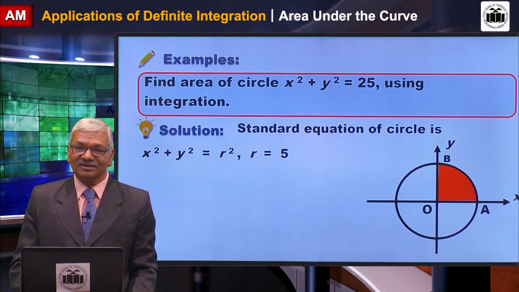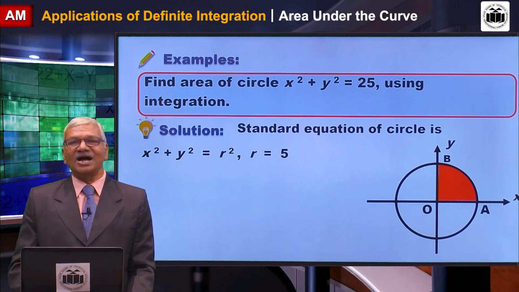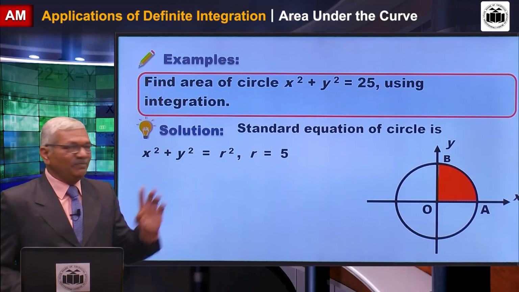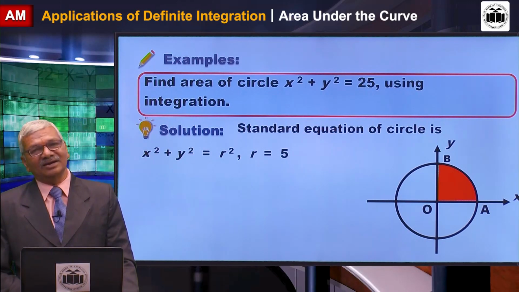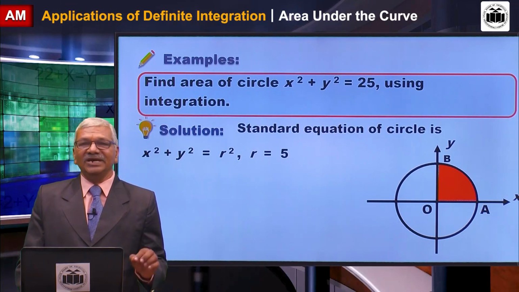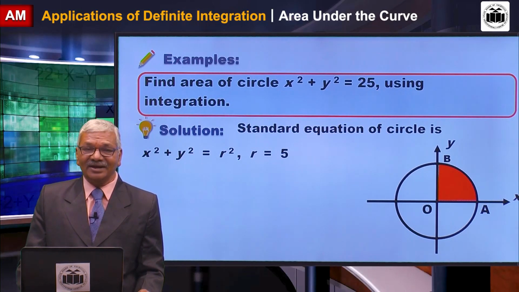Means we can find the area of one-fourth part, that is the region OAB shown by red color, right? So what is this region OAB? We can say this is the region bounded by the curve x square plus y square equals 25 between x equals 0 and what is x?